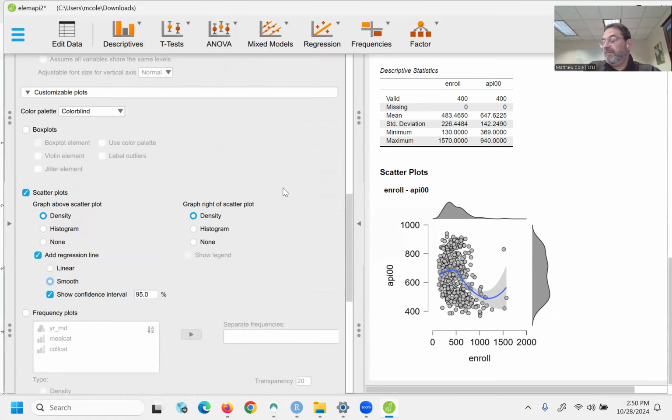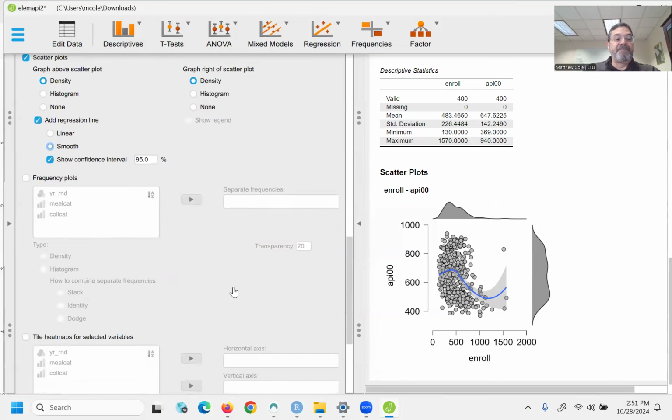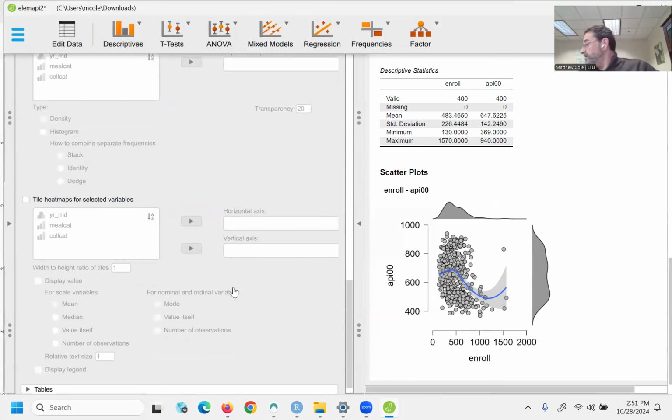Actually, let's talk about that in the next lecture when we do multiple regression, because you need to add 2 independent variables to do nonlinear regression to test if in fact a curvilinear line is a better fit than a straight line. Make a note on that.